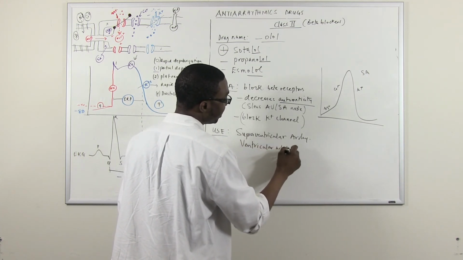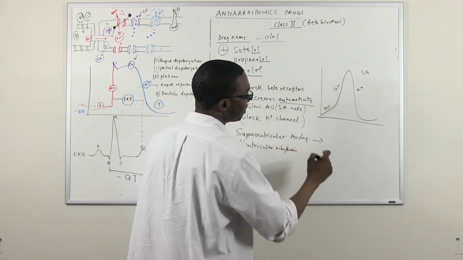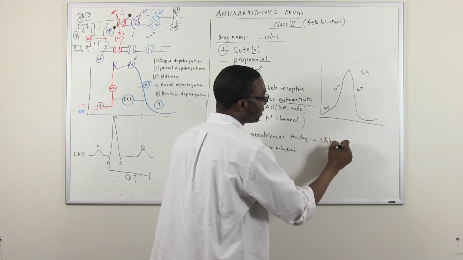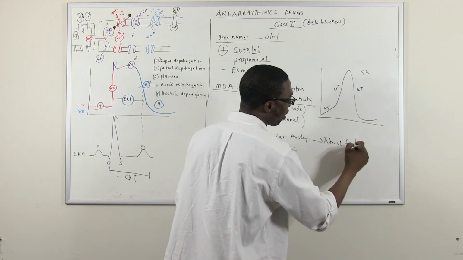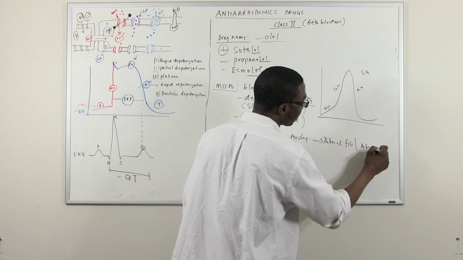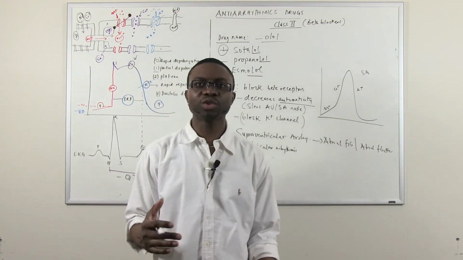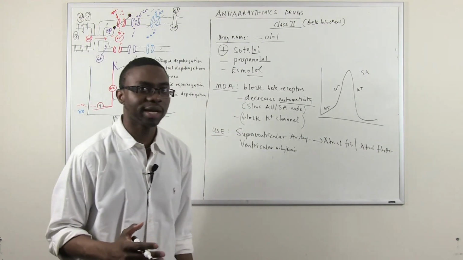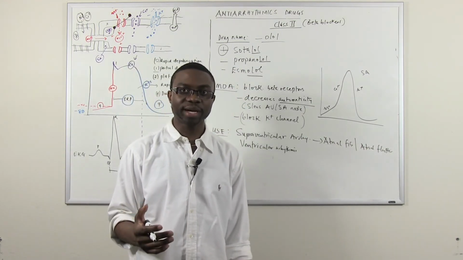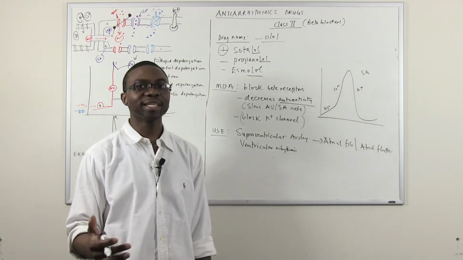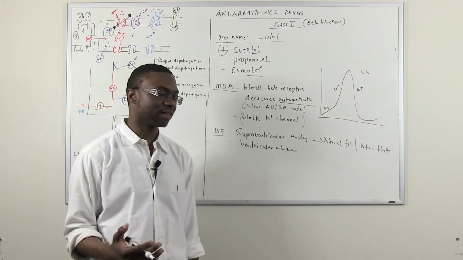So just to reiterate, just in case you forgot, we're talking about atrial fibrillation or atrial flutter. Now, think about it. In atrial fibrillation, the heart rate is going at 120s, 130s, 140s, right? Irregular heart rate is beating so fast and the patient is becoming hypotensive.